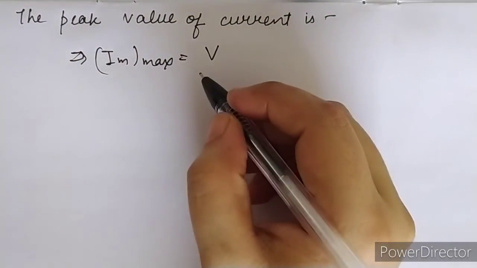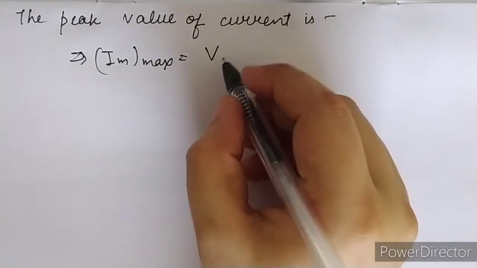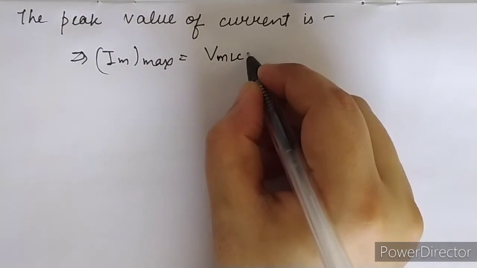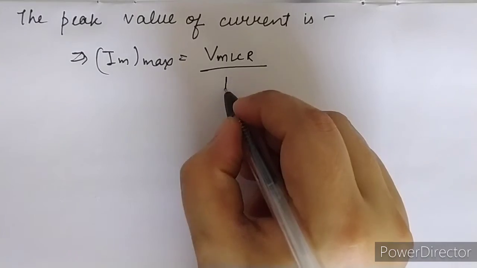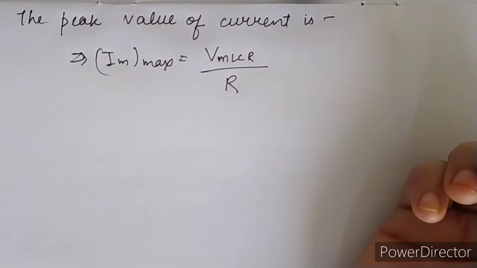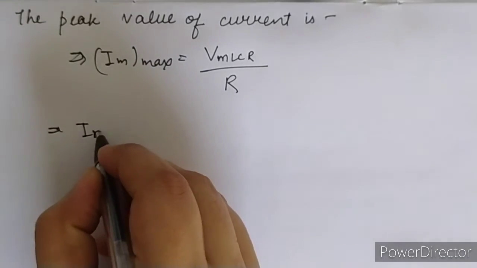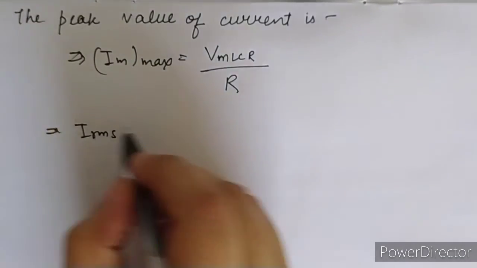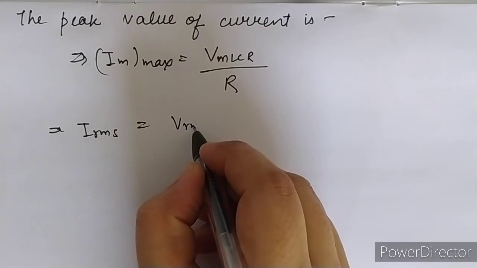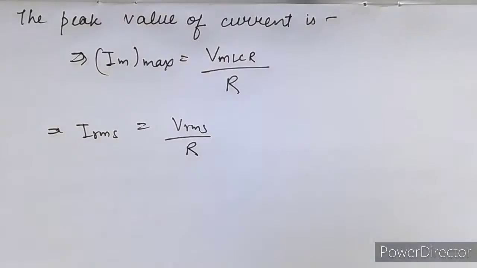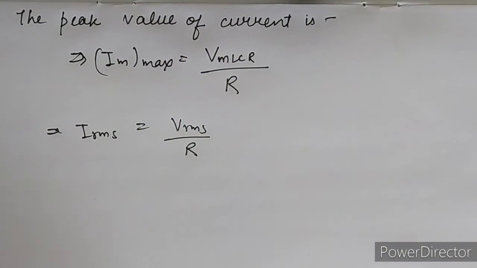So you know I is equal to V upon R, and V will be the maximum voltage of the LCR resonant circuit, upon R. Okay, clear? And this will become your IRMS value. IRMS is equal to VRMS upon R. Okay, so for the condition of resonance, the impedance and the values have to be calculated.